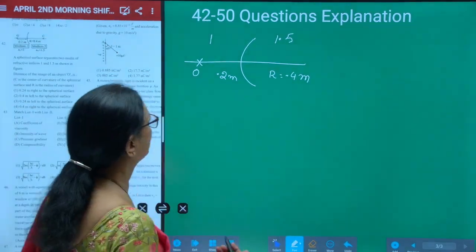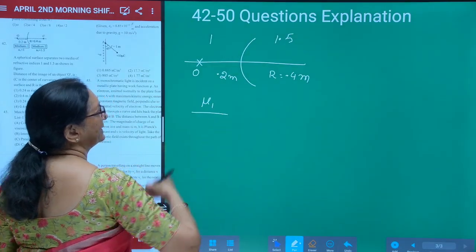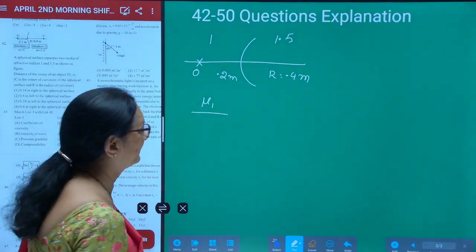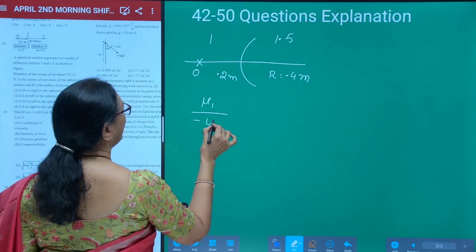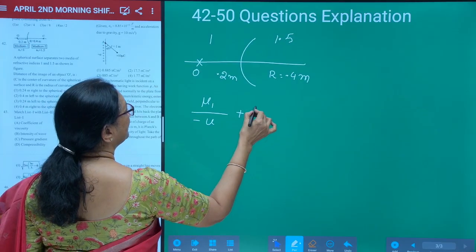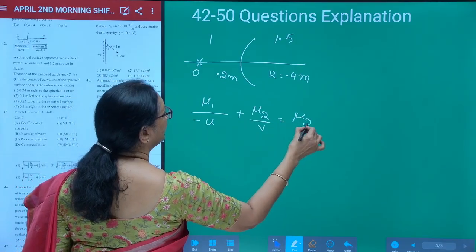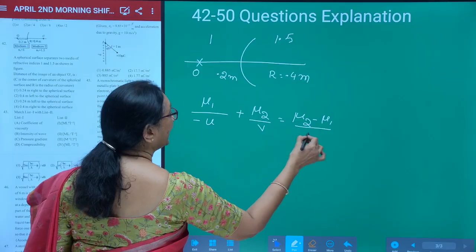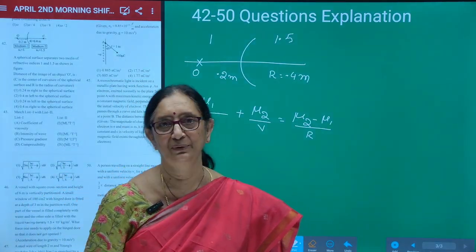So, we know straight away the formula, considering the refraction at a curved surface. The formula we know is mu1 by minus u plus mu2 by v is equal to mu2 minus mu1 by r. In this, the most important thing is sign convention.